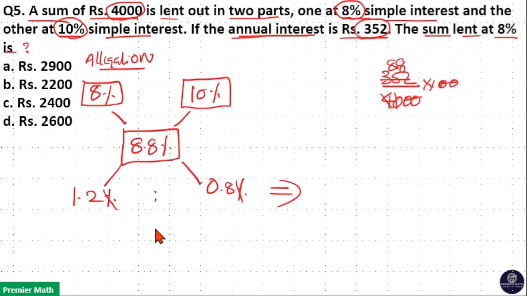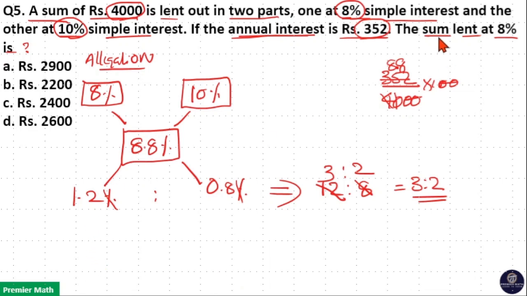Percentage cancel, point and point cancel, remaining is 12:8. Now, 4 goes 3 times in 12, 4 goes 2 times in 8. That means 3:2 is the ratio of the sum of money lent at 8% and 10% respectively.